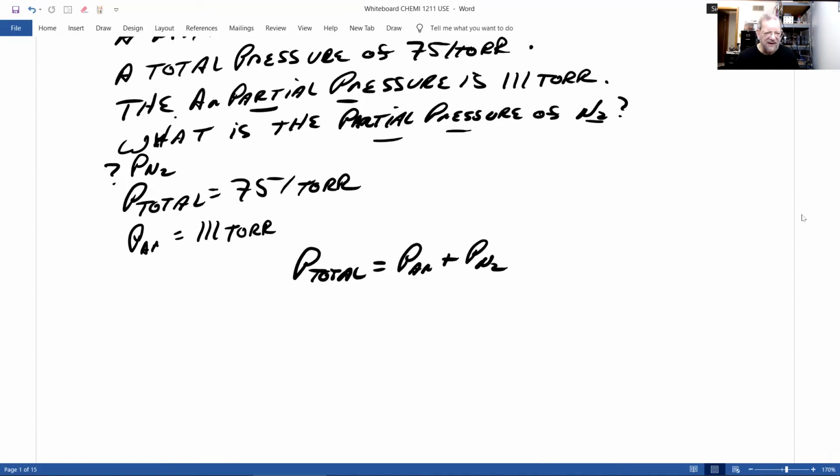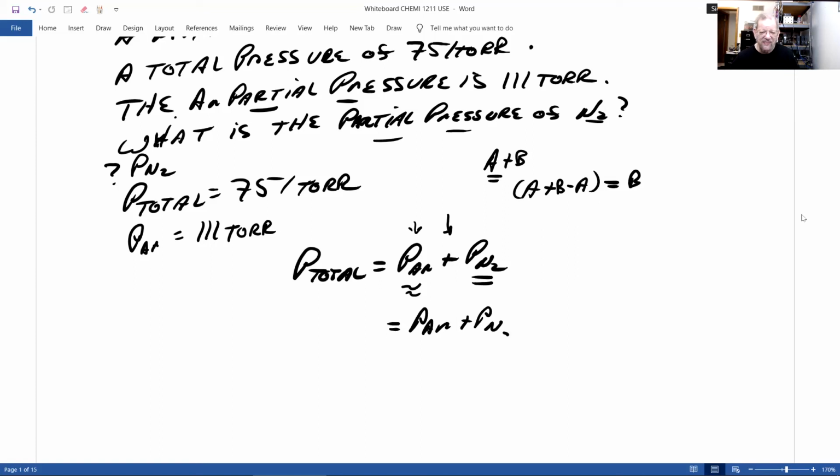Now, what am I being asked to find? This. Uh-oh, this is in the way. When you're doing addition, how do you get rid of a variable? A plus B, if I want to get rid of A, A plus B minus A will be equal to B. So I want to get rid of the partial pressure of argon.